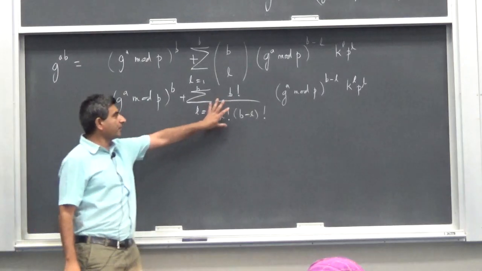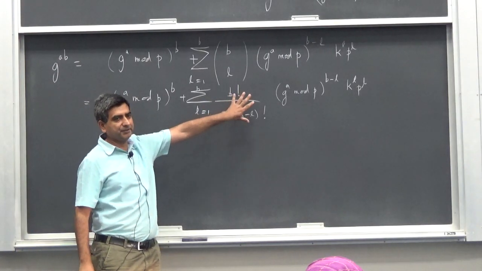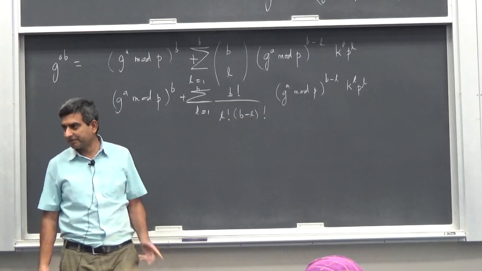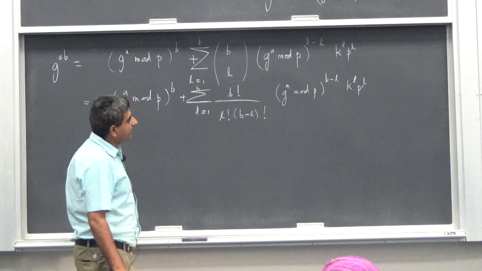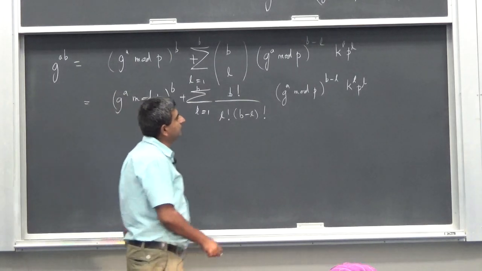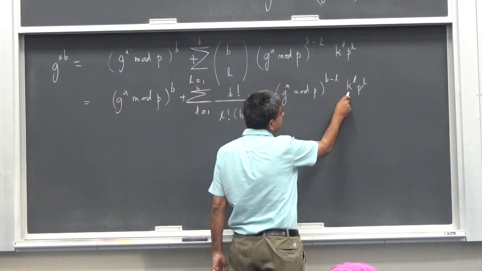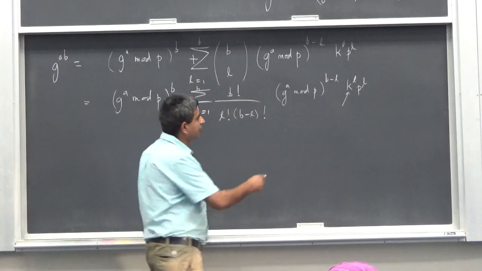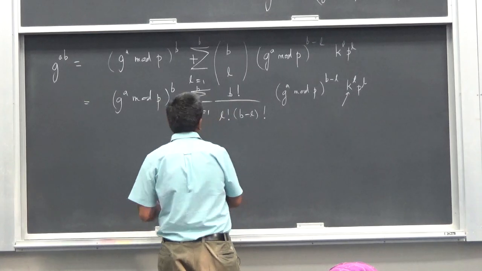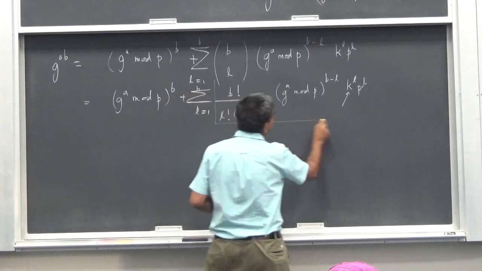So these are numbers of combinations, right? This is a combination. It has to be an integer, by definition. Now, is this an integer? K is an integer, L is an integer. All of this is an integer here. Each of these terms is an integer.